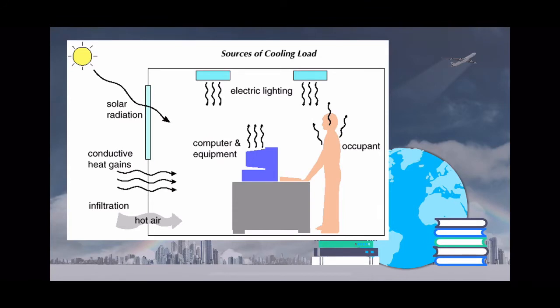Other than that, there are conductive heat gains, heat that comes from any source outside the house or outside the space, and also infiltration, which is cracks that happen on the building's facade, which allow unnecessary hot air or sometimes cold air into the room.